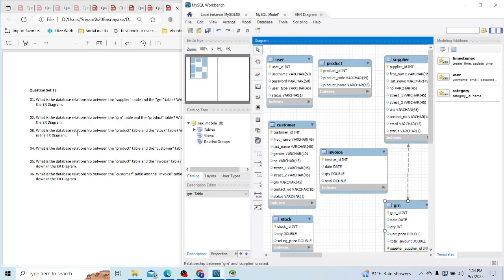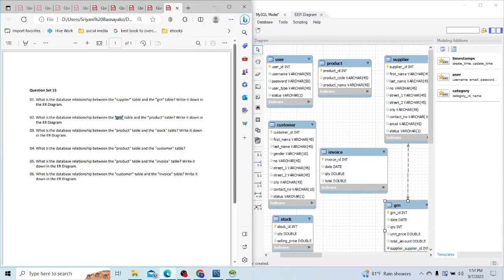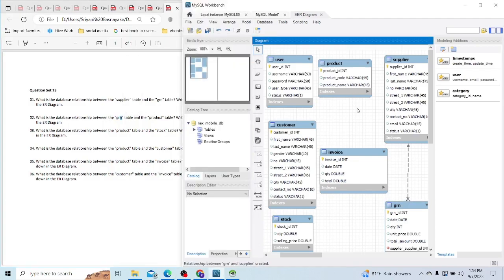The next one: what is the database relationship between the good received note table and the product table? In a good received note, there may be multiple products, but a single product cannot be in several good received notes. So there should be a one-to-many relationship. I think I messed up. No, sorry.